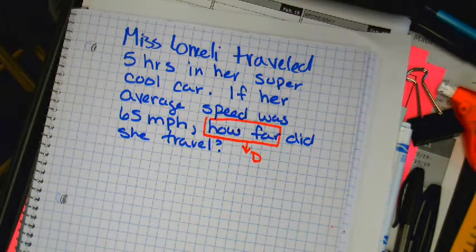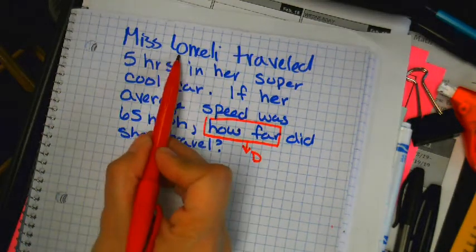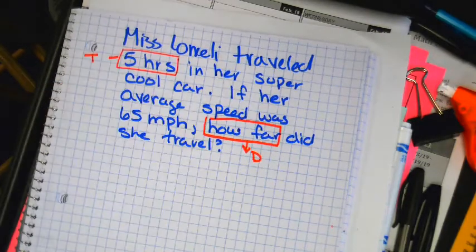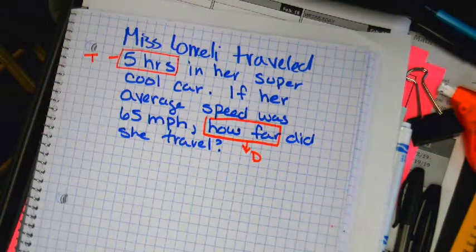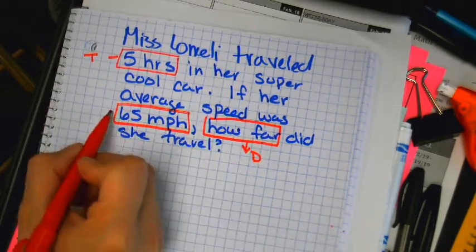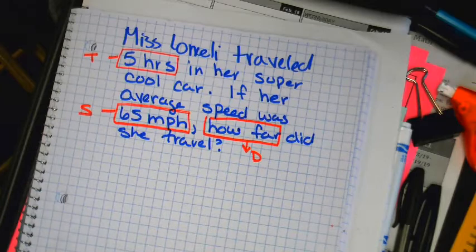What does the 5 hours stand for? Time. So I'm going to put a T for 5 hours because that's my time. What does 65 miles per hour stand for? Speed. So 5 hours is my time, 65 miles per hour is my speed, and I'm solving for distance.